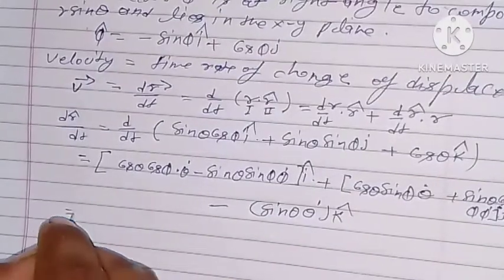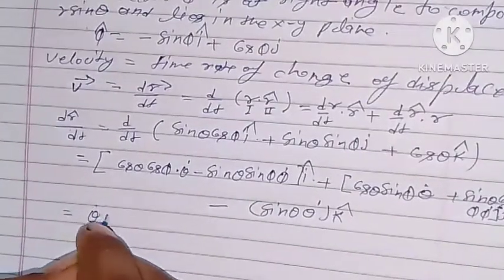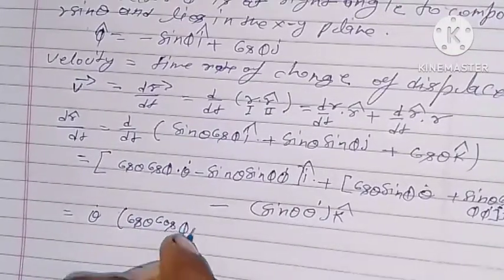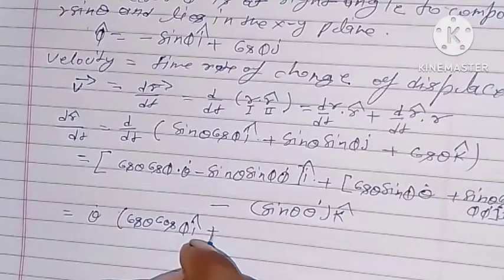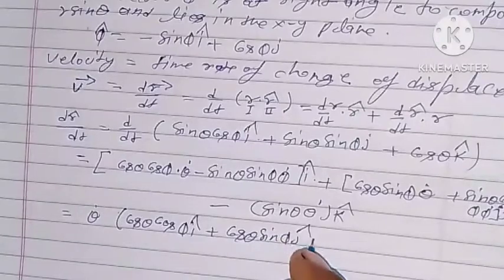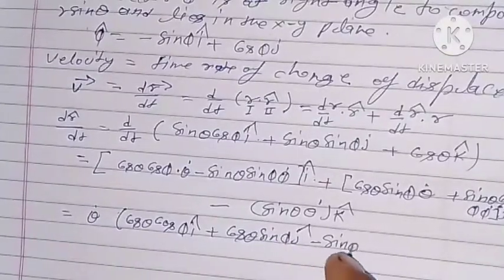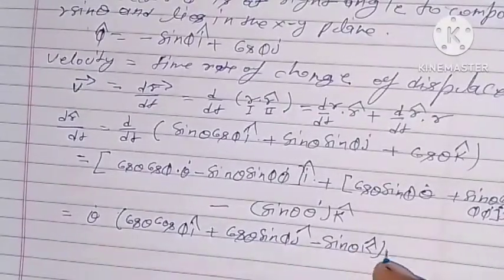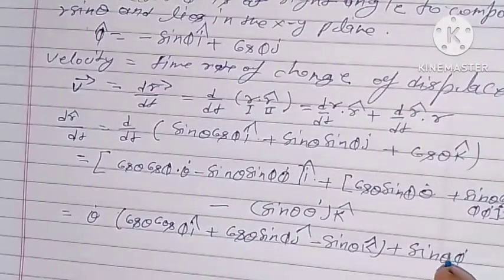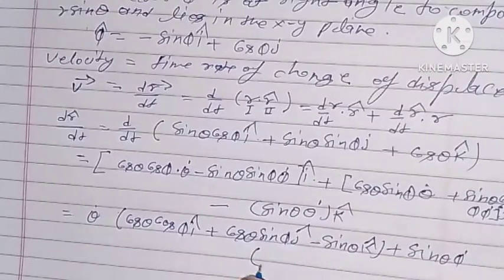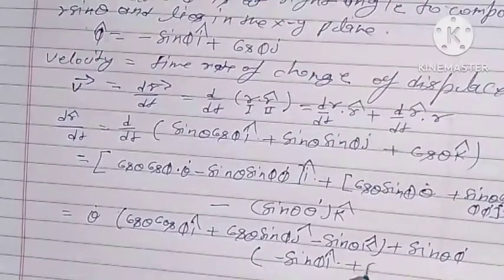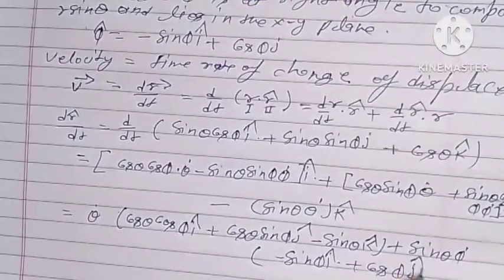Then the value is differentiate of theta [cos theta cos phi i plus cos theta sin phi j minus sin theta k] plus sin theta differentiate of phi [minus sin phi i plus cos phi j].